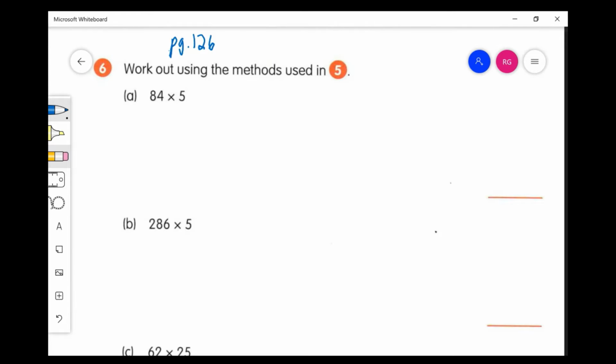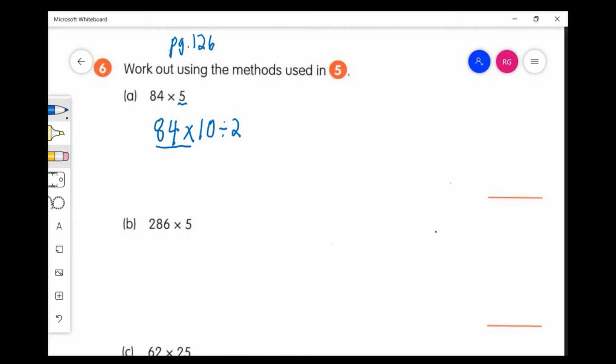So for part A, I have 84 times 5. And I need to take this 5 and make it a division problem. So I can think of this as 84 times 10 divided by 2.